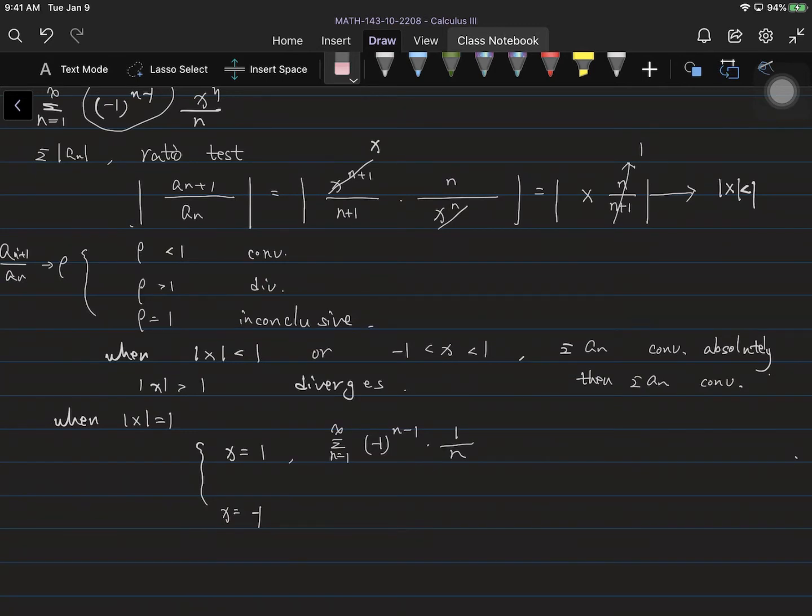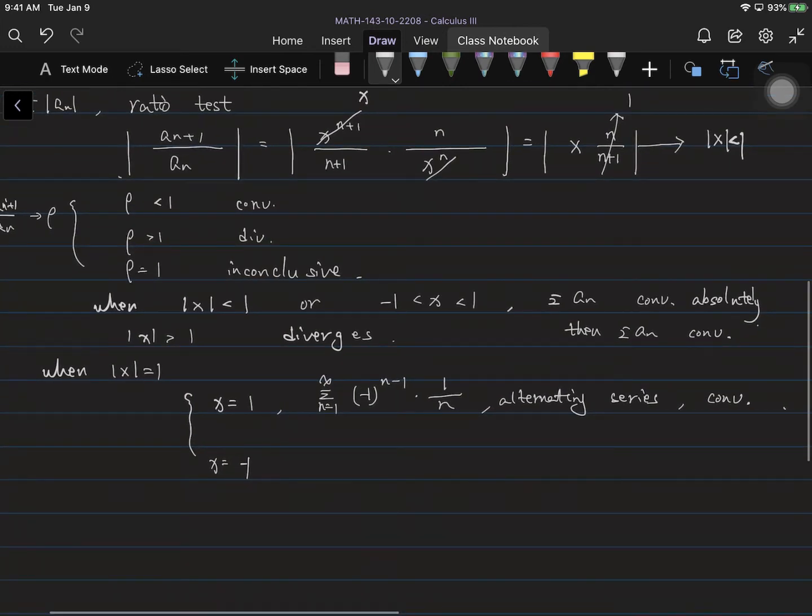Do you know what we call this series? This is called an alternating series, and in the alternating series section, we use the alternating series test to prove that this series converges.